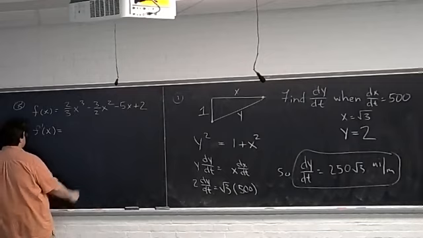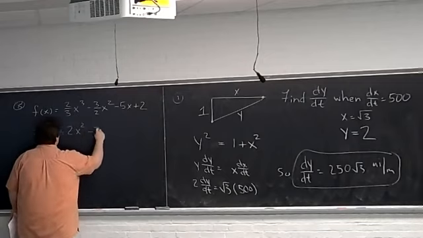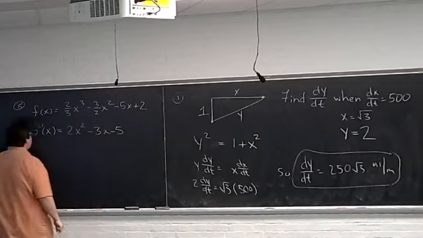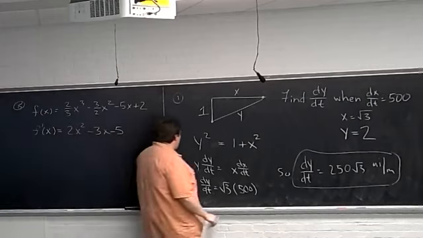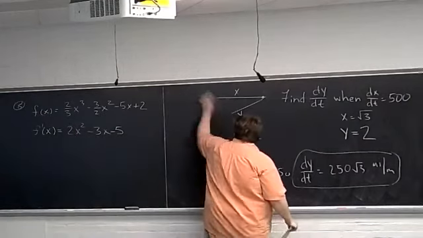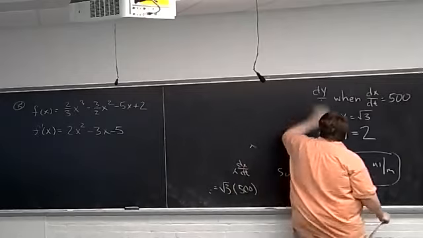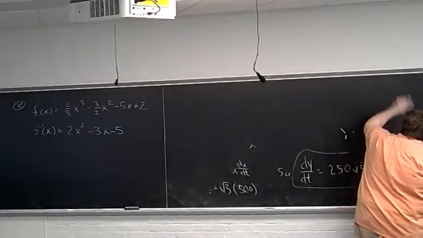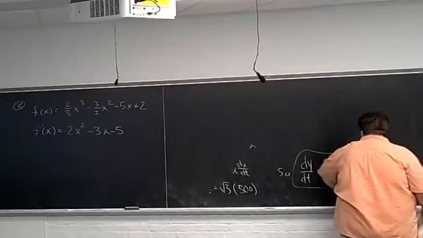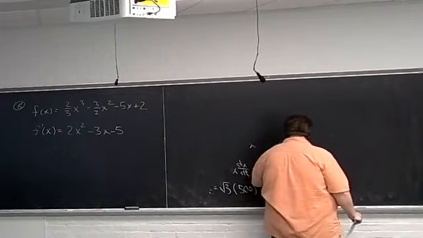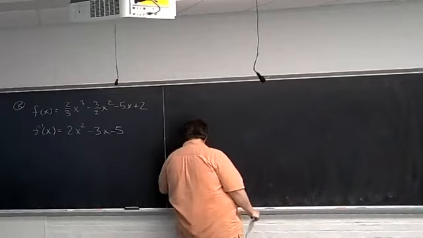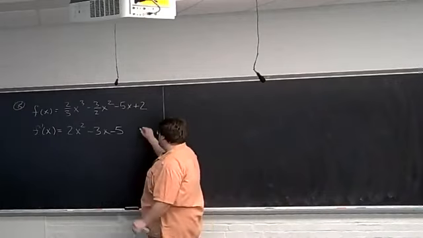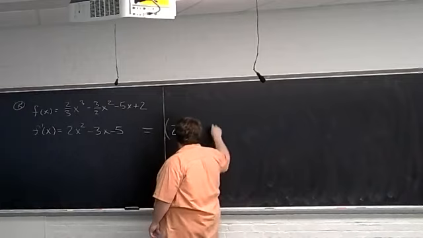The derivative is 2x squared minus 3x minus 5. We want where this equals 0 and where this is undefined. Hopefully it factors, so we don't have to use the quadratic formula or completing the square. How does it factor?